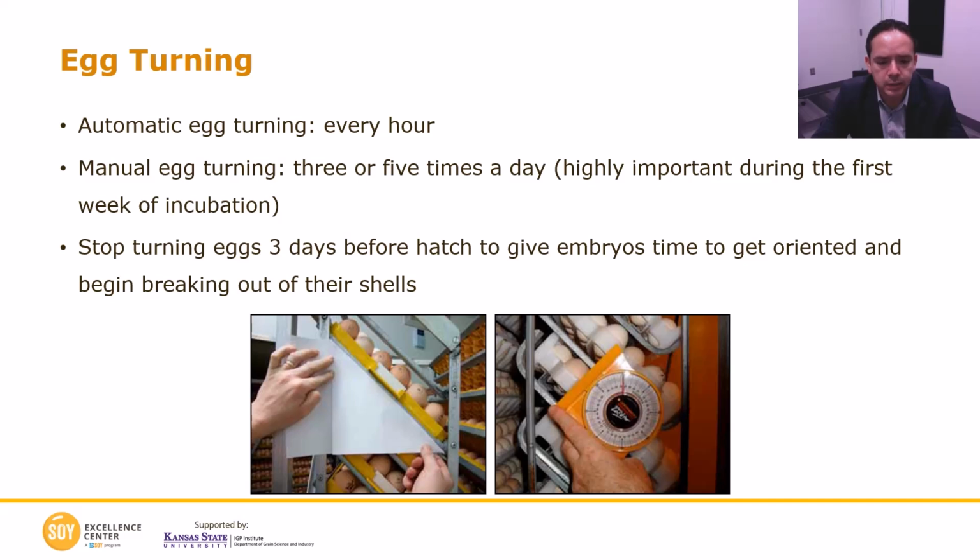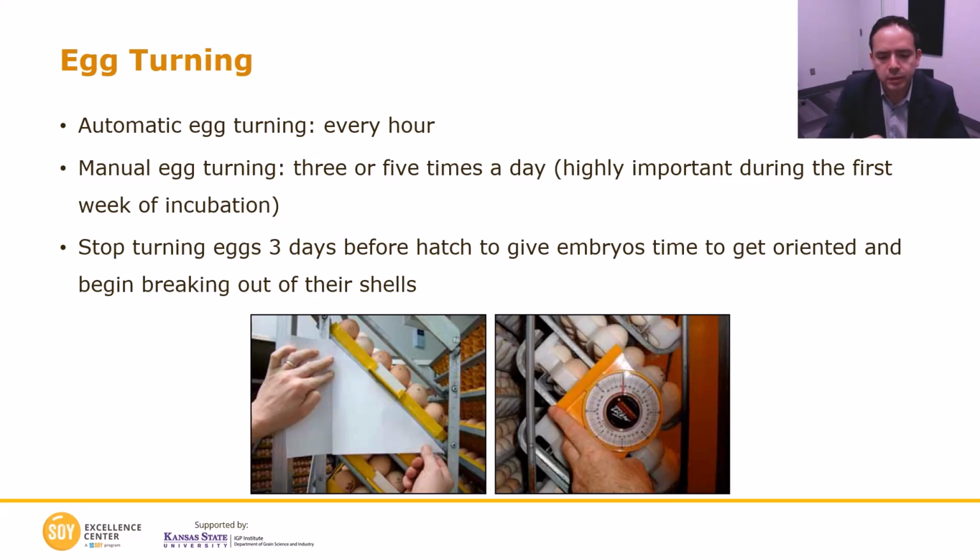What I have seen people do is mark the eggs with a letter X or with a letter O. Then when they turn the eggs, if all the eggs are marked with X, then after you turn them, all the eggs are going to have an O on top.